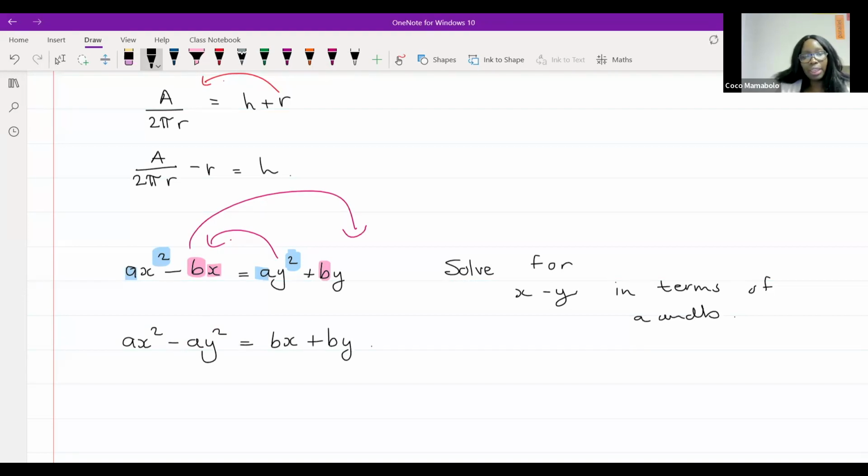Now over here, I can take out a common factor of a. So I'm going to get a(x squared minus y squared) is equal to, over here, I take out a common factor of b, and I have x plus y left. Now, this looks familiar, doesn't it? What does that look like?